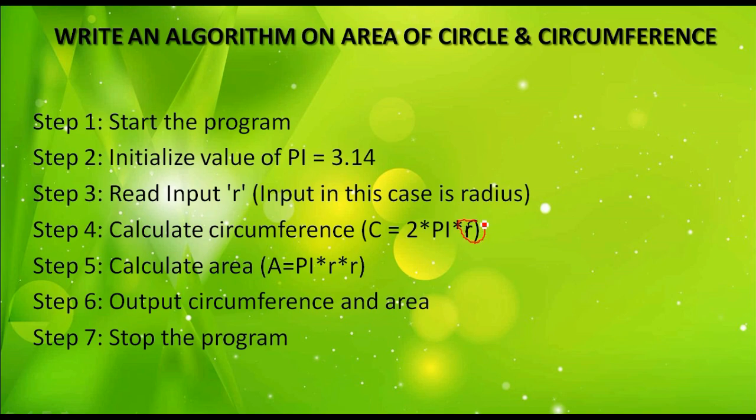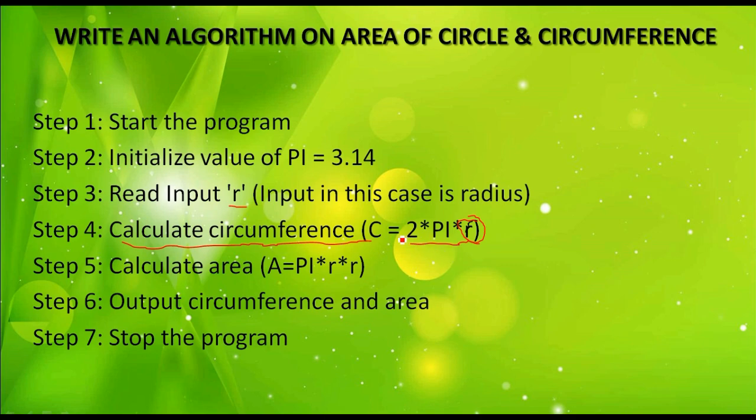It means that we need to read the input for r, and then step 4 says calculate the circumference, and this is the formula we have for the circumference, that is 2 into pi into radius. This is the formula for the circumference.